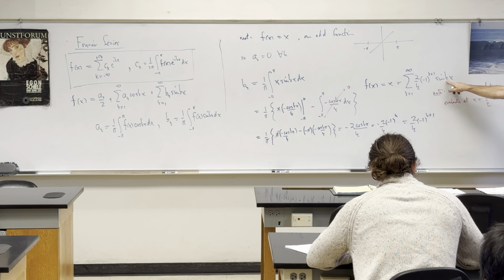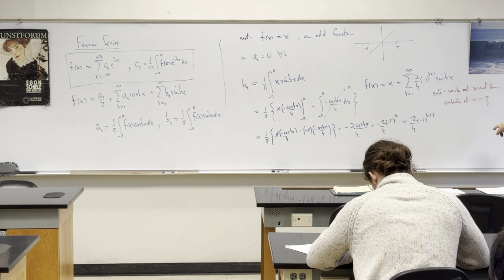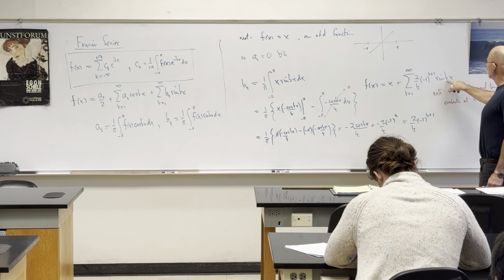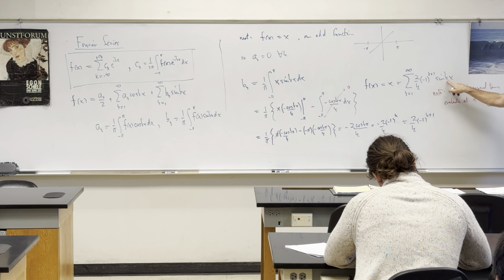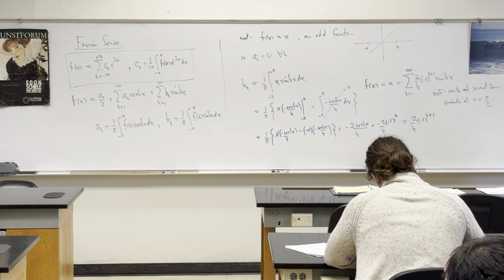If you evaluate at x equals pi over 2, you're going to have sine of k times pi over 2. So the first one's going to be 1, second one's going to be 0, third one's going to be 1, fourth one's going to be 0. So you're getting rid of a bunch of those.